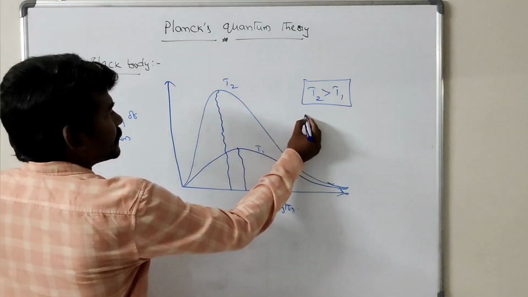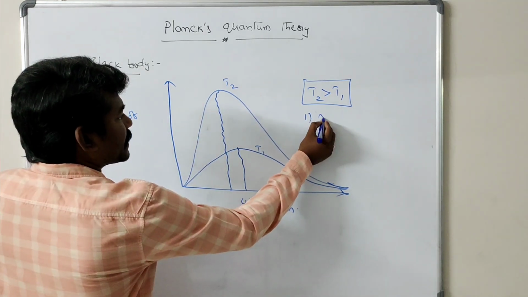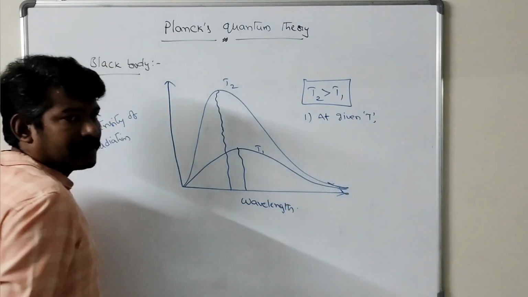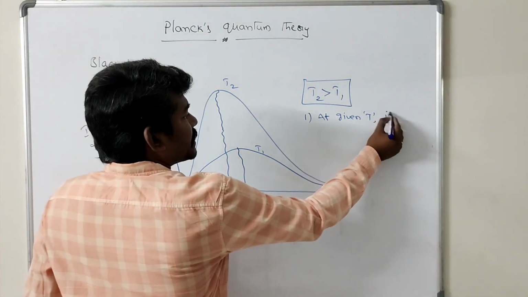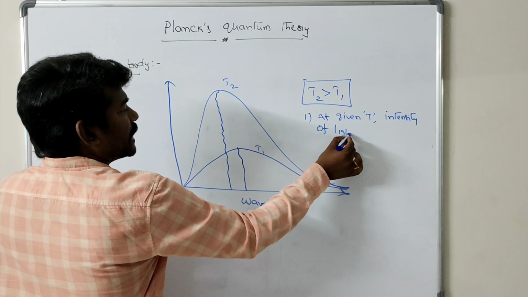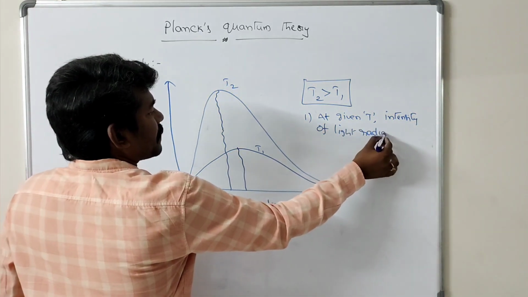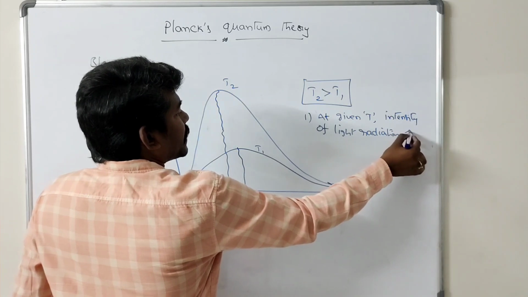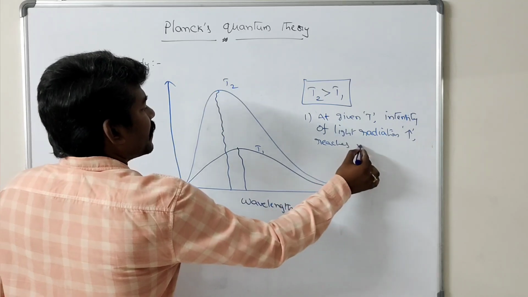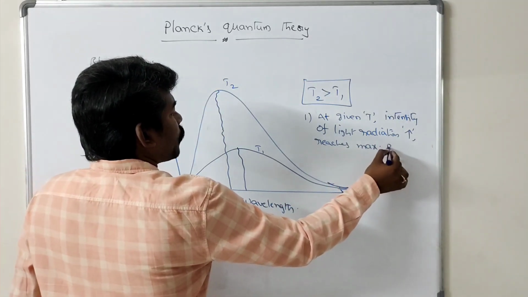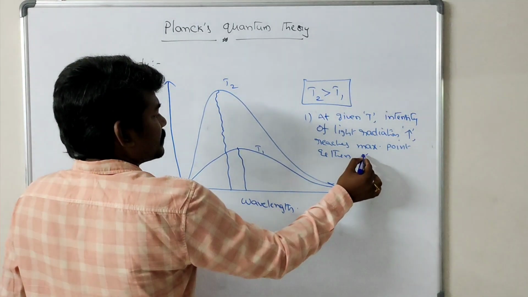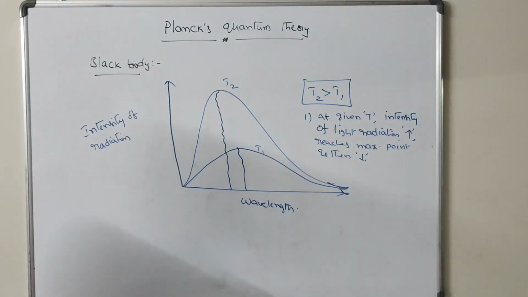First point is, at a given temperature, intensity of light radiation increases, reaches a maximum point and then decreases. First you have to learn this point.